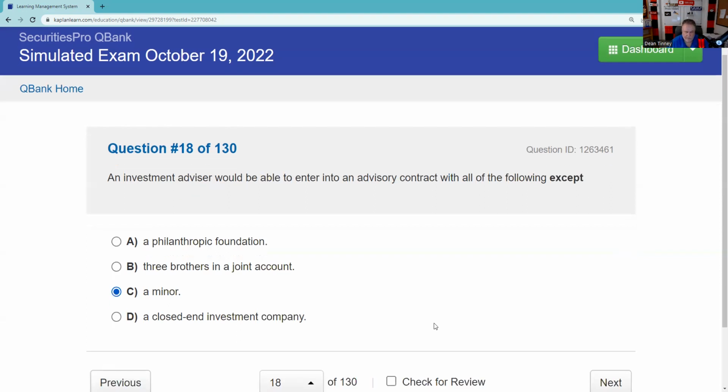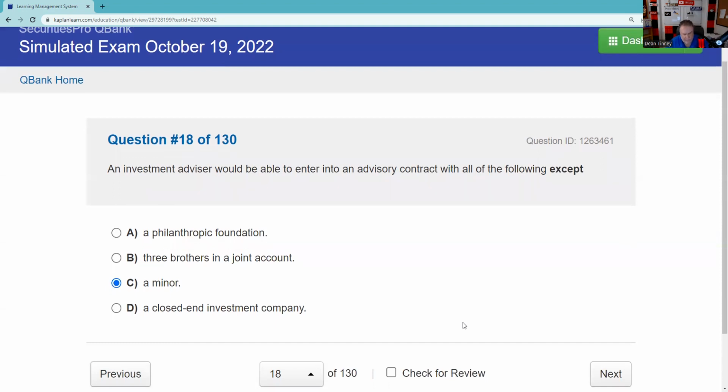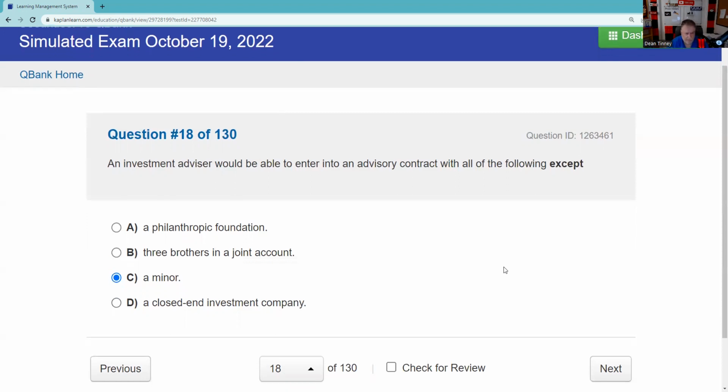The only account we have for minors are Uniform Transfer to Minors Act or Uniform Gift to Minors Act. I can't imagine you're not going to get questions on the Uniform Transfer to Minors Act or Uniform Gift to Minors Act. You need to know 1 custodian, 1 minor per account. The kid's tax ID number goes on the account and no margin. So, minors are not persons or can't be held legally accountable. So C.